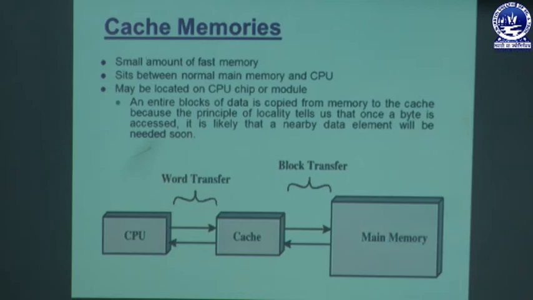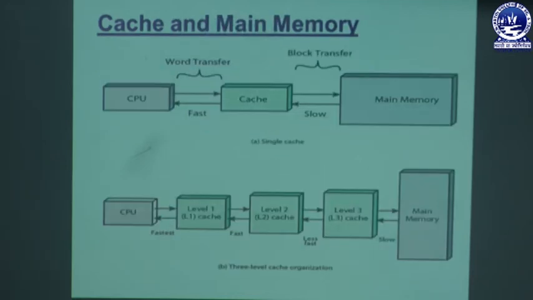Okay. So, this is the concept of a single cache. If we use a single cache in the computer system, then the organizational structure is like this, but here we are having a 3-level cache organization. So, let us discuss first the single cache organization.